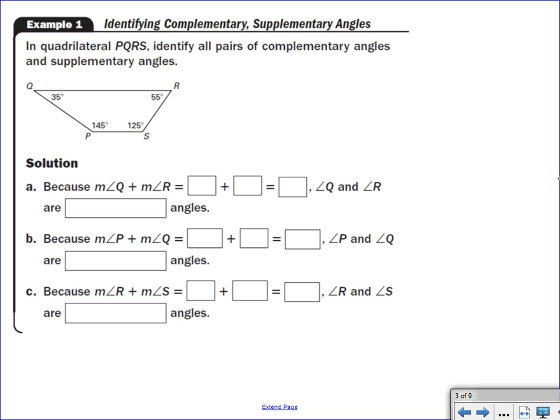Because the measure of angle Q is 35 degrees and the measure of angle R is 55 degrees, and we add those together, they equal 90 degrees. So angle Q and angle R are complementary angles.